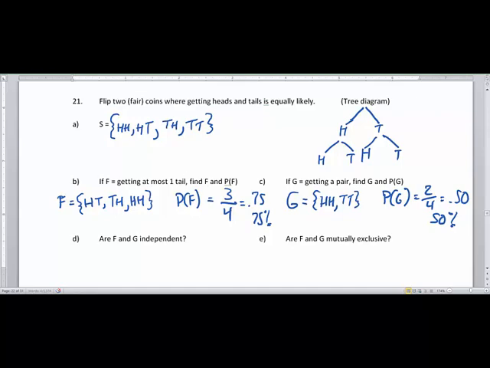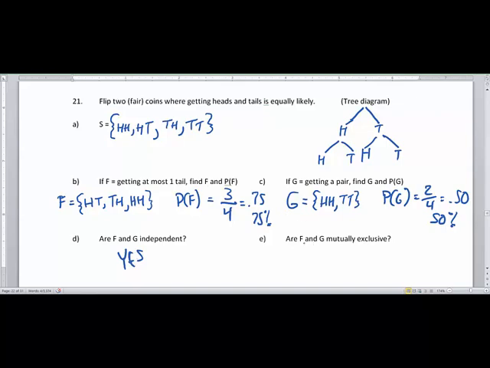Or will the event of G affect F? The answer is no. Doing any of these trials will not change the possibilities in the future. So are F and G independent? Yes, they're definitely independent. They're independent because flipping coins does not affect future coin flips.